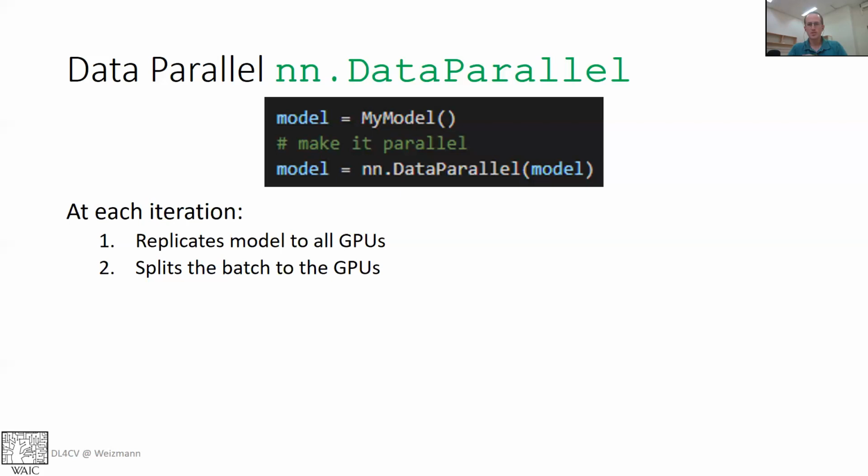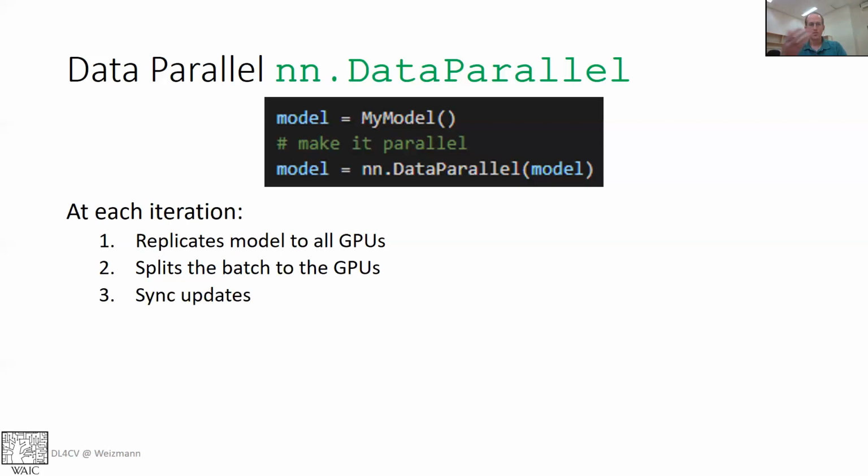It partitions the batches from the data loader across the number of GPUs that we are using. Note that in this case, the batch size defined by the data loader is the total batch size that is processed by all the GPUs, and each GPU will see a smaller portion of this batch.